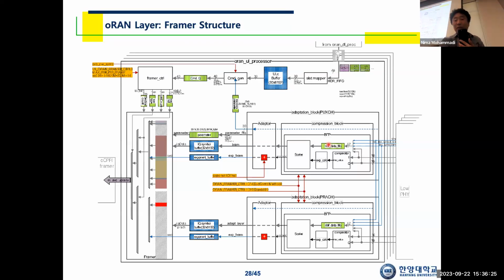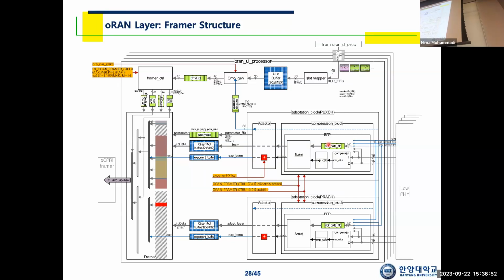So each processor takes care of the corresponding antenna signal. So you take the forward Fourier transform, then you have to map this complex valued OFDM sample into a packet. So first, that maps to an ORAN packet with the ORAN header specifying the section type.